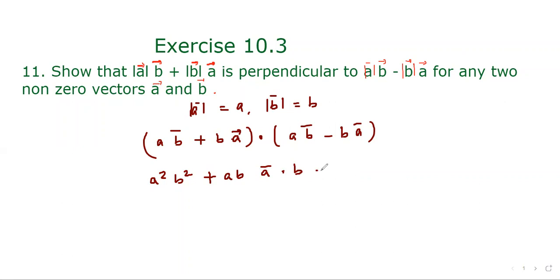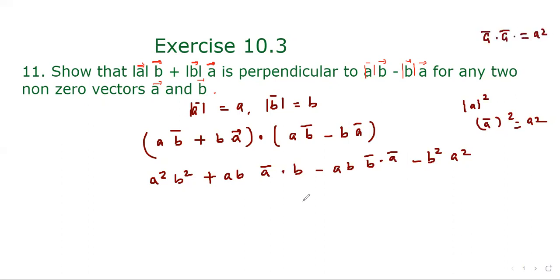Then these two will become AB B dot A. Then B square A square, because modulus A square or vector A whole square is A square, or vector A dot vector A will give A square, and A dot B equal to B dot A. So these two terms will cancel out, and this is A square B square, this is also B square A square, this will also cancel out.